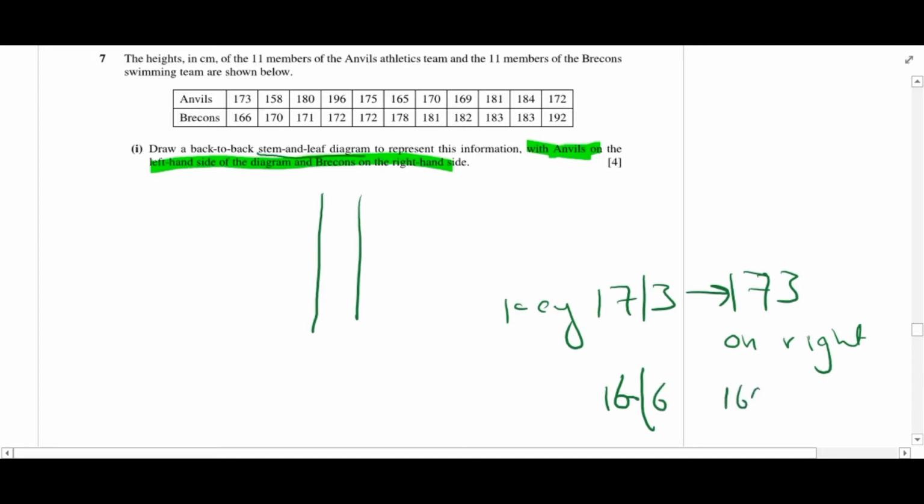And 16-6 means 166 on the left. Okay, since we are given that the leaves should be on the right side, we compute our table first.